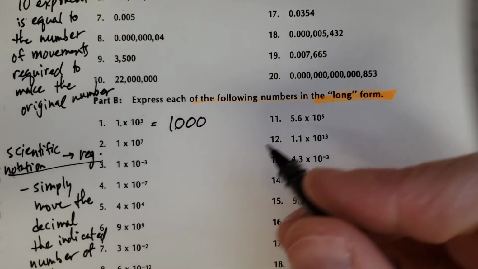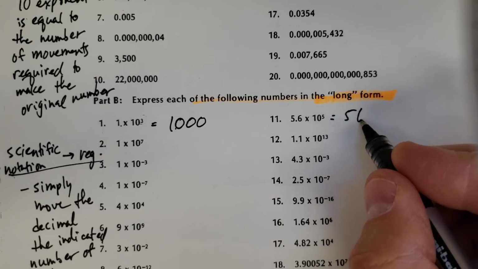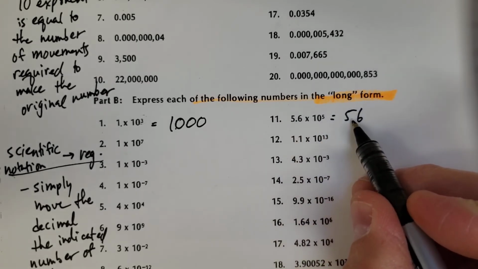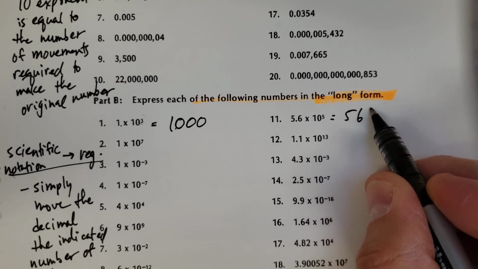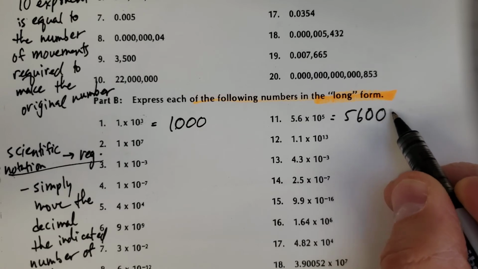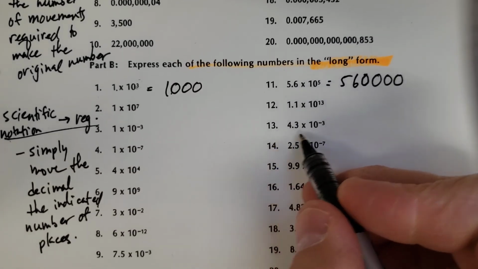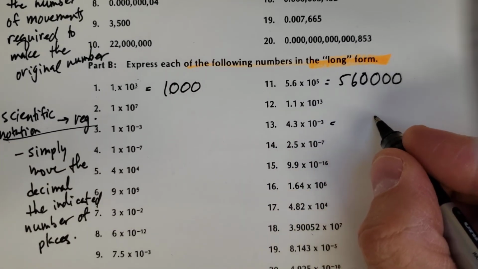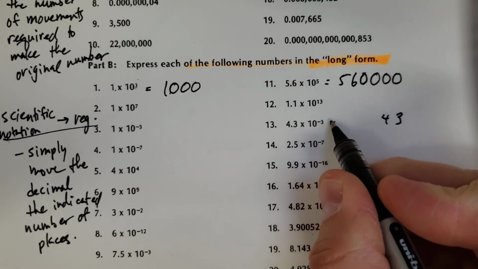So 1,000. If I look at this one, 5.6 times 10 to the 5. So my decimal, which was here in between the 5 and the 6, 5 places to the right. 1, 2, 3, 4, 5. So 560,000. And if I look at vice versa here, we're going in the opposite direction. 4.3 times 10 to the negative 3.